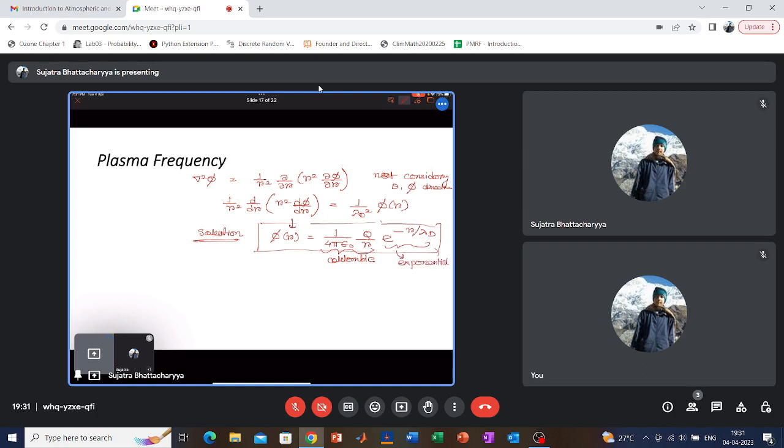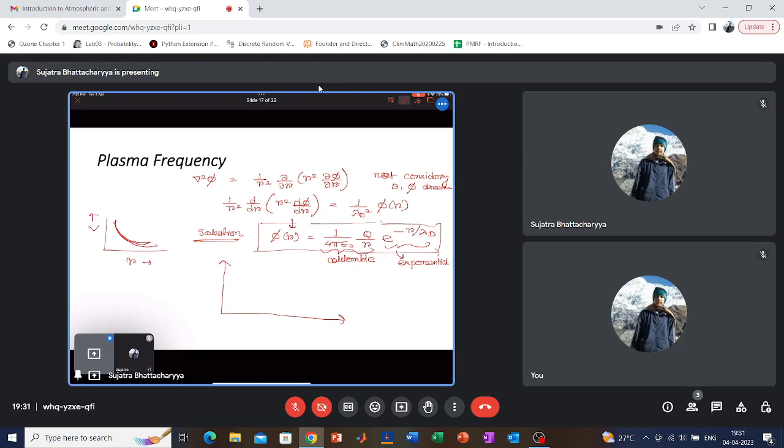Right? Now, how will it look? It will look like this. So the Coulombic part is normally the rectangular hyperbola kind of. This is the potential, this is R, right?